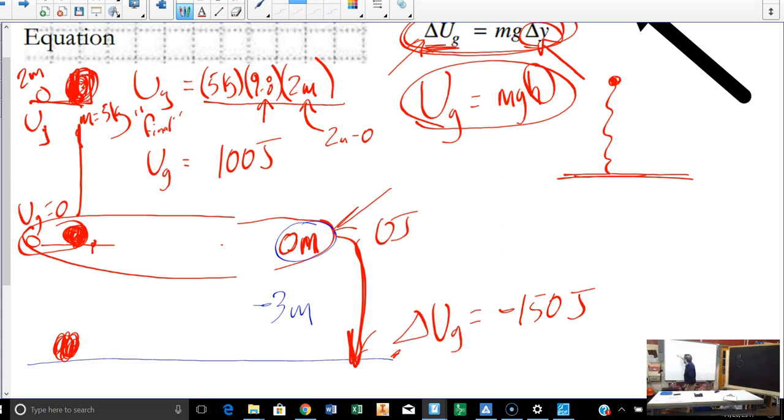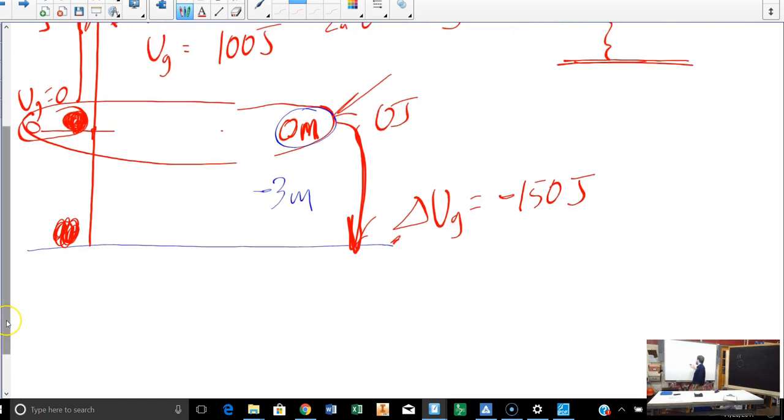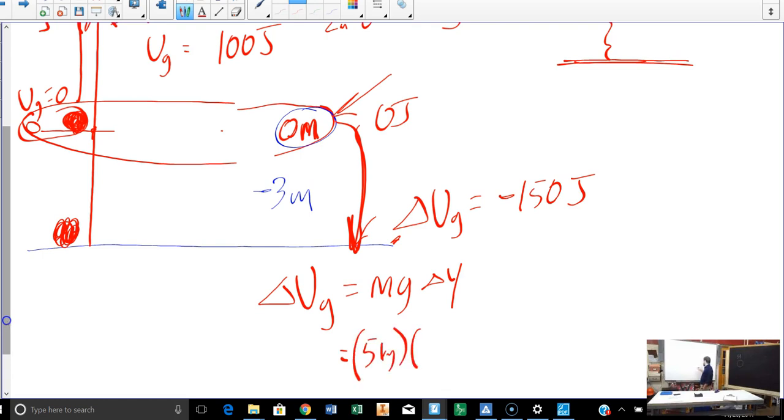So what would be the change in potential energy from here to here? Now we really need to look. If we brought it from the basement up to the top of that shelf, now we have to really stick to, hey, delta U G equals mg delta Y, and say, all right, the change in gravitational potential energy is going to be the mass, 5 kilograms, times g, I'm going to just estimate it at 10, times the change in Y. So my final height was a positive 2, minus my initial height, which was negative 3 meters in the basement.